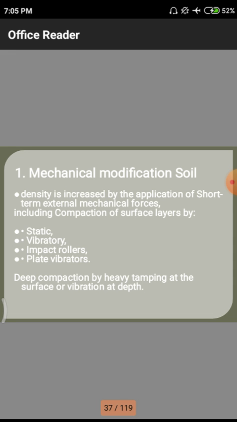First we have static. That means it is in a static position, with no change of position. In that position we do the modification using static roll vibrators. Static means it is some kind of different equipment used at a particular position of the strata.